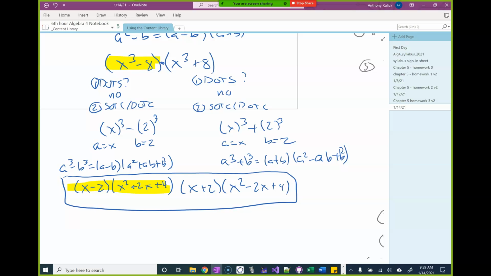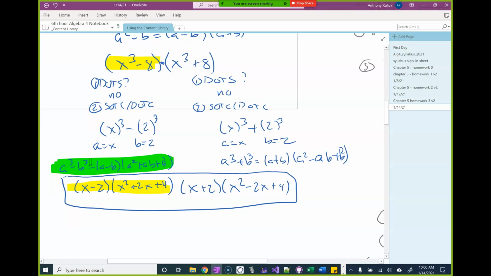So there is a factoring pattern that I'm using right here for the difference of two cubes. That was in the notes yesterday. We had to use it, I think, in almost every one of the problems in that homework assignment from last time.